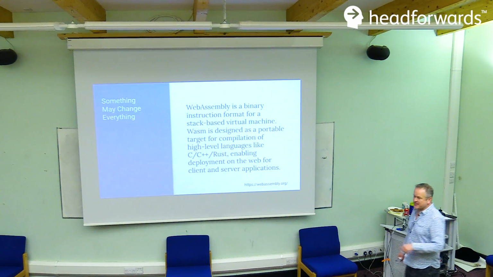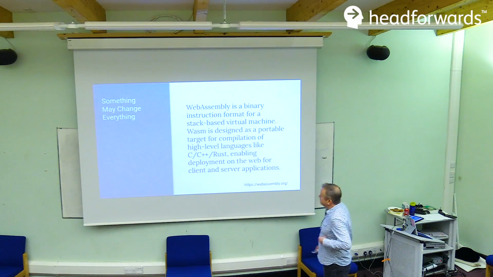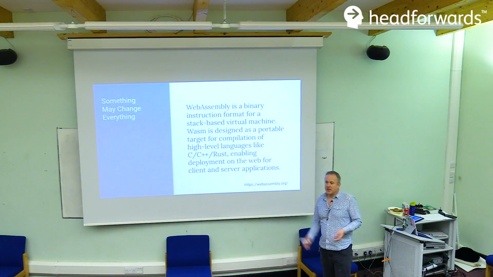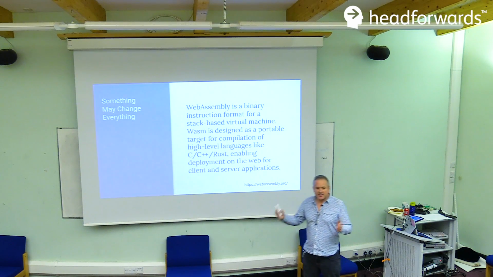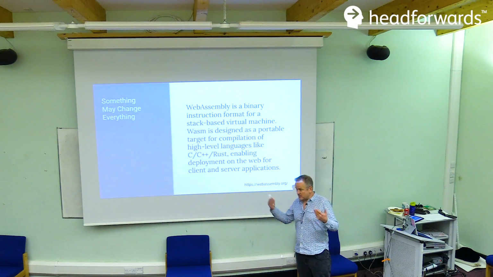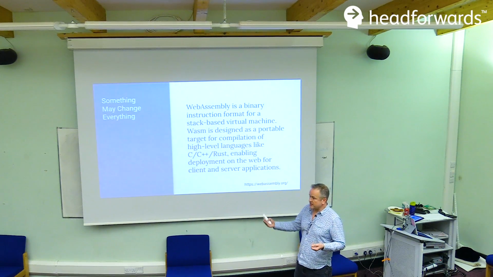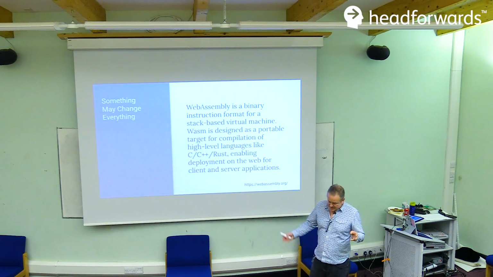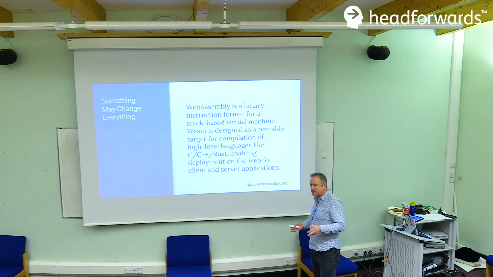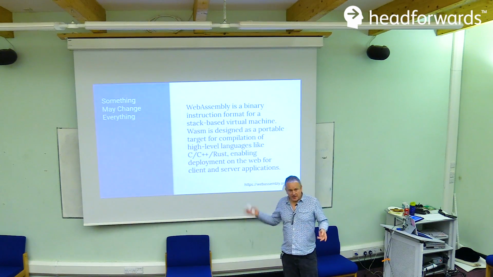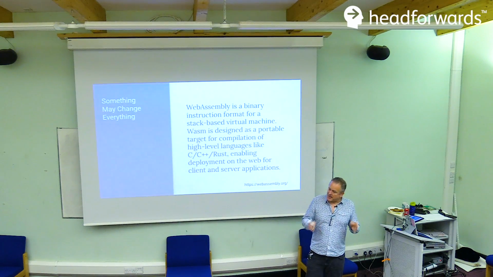So this is the definition for WebAssembly. It's a binary instruction format for a stack-based virtual machine. Your browser runs a virtual machine. Inside that browser, the virtual machine currently mostly translates JavaScript into your UI, helps you generate your HTML, etc. WebAssembly is a compile target for languages such as C and Rust, that allows you to create code in those languages and send it down to the browser.